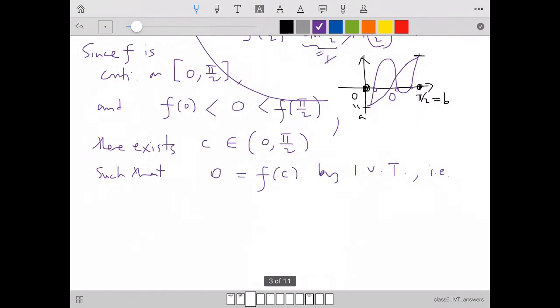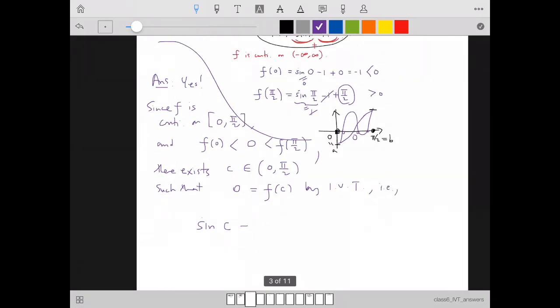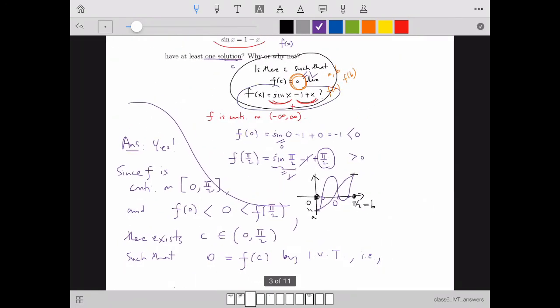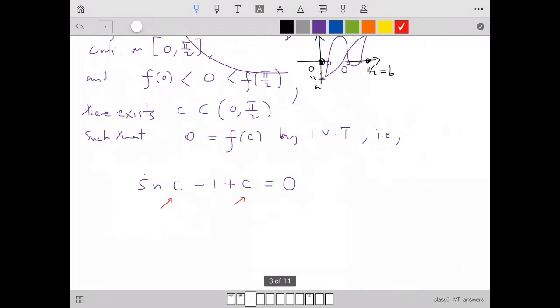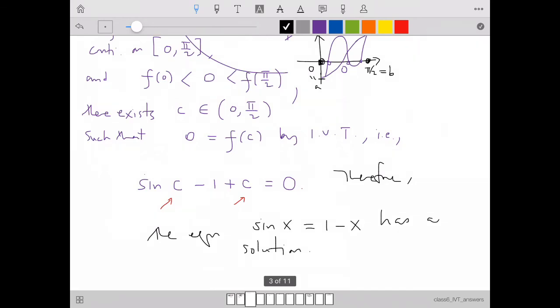That is, what was f? f was sine c minus 1 plus c, which equals 0. So there exists c, so there is a solution, i.e. sine c minus 1 plus c is 0. Therefore, the equation sine x equals 1 minus x has a solution. A solution meaning it could be more than one, but there's at least one solution.